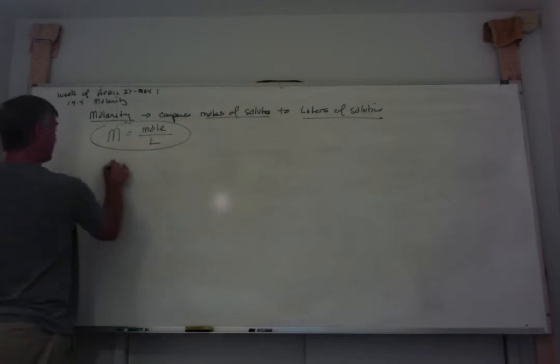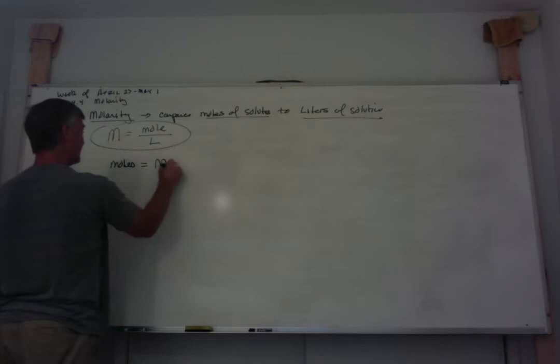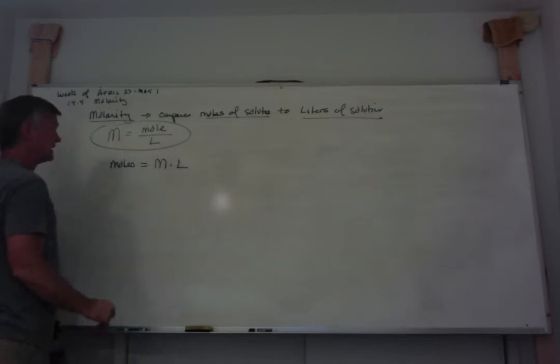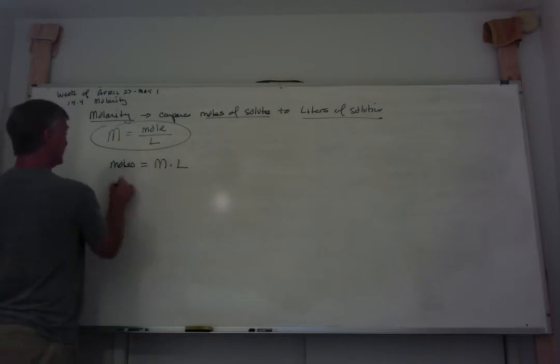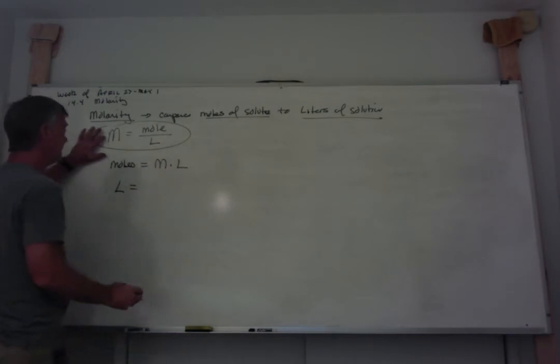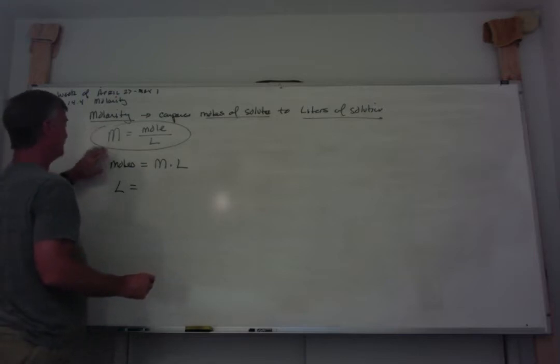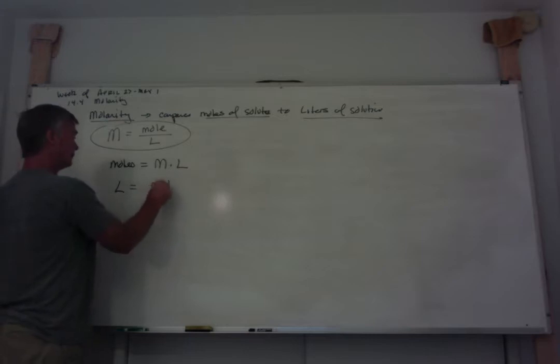If I want to know how many moles of something I have, and I know the molarity of that solution and the liters, I can just multiply those two together and it'll tell me how many moles. Or if I want to know how many liters and I know the molarity and the number of moles, I would divide.